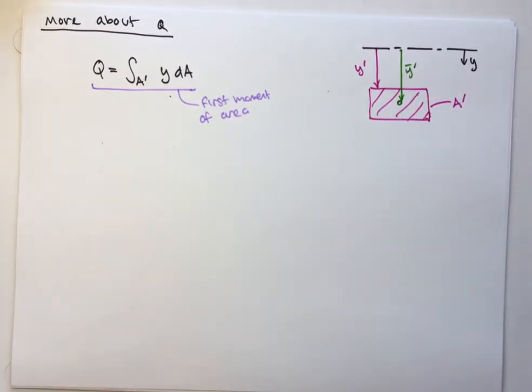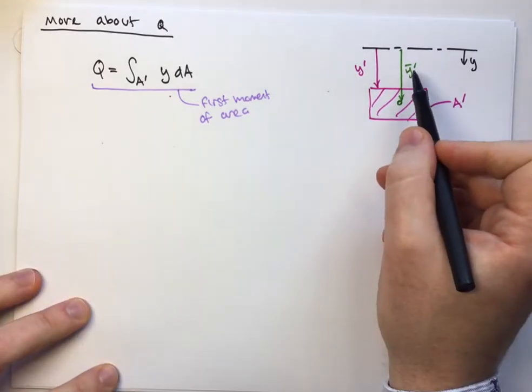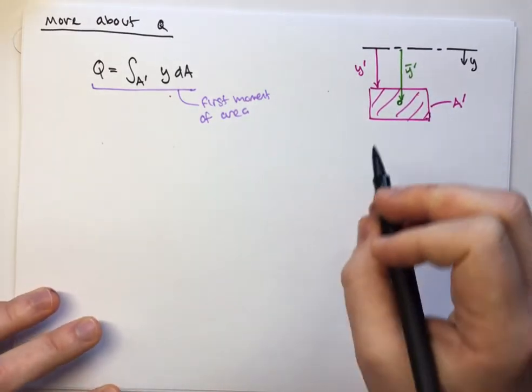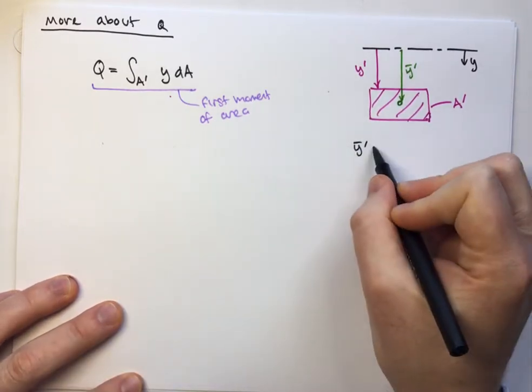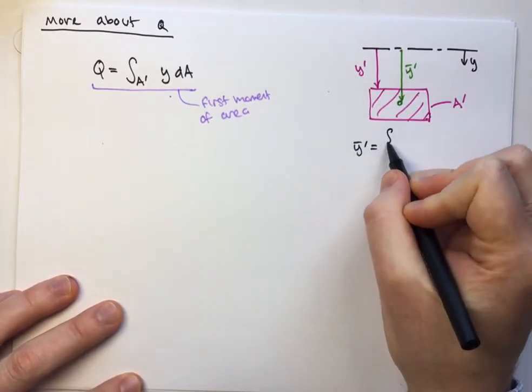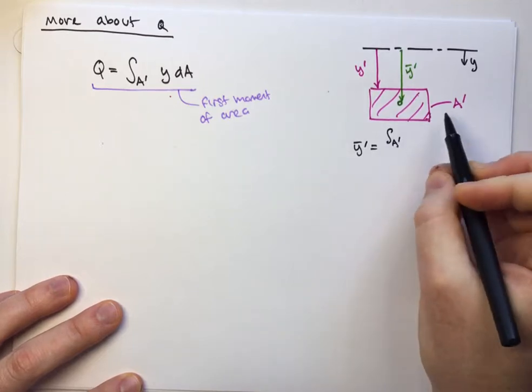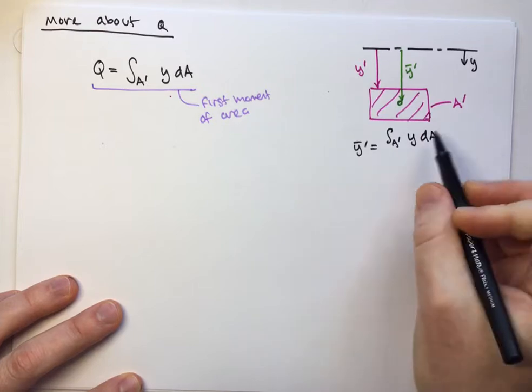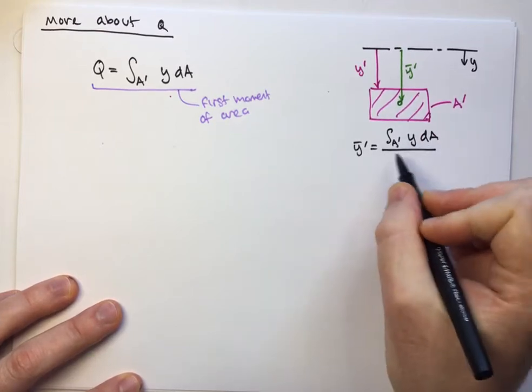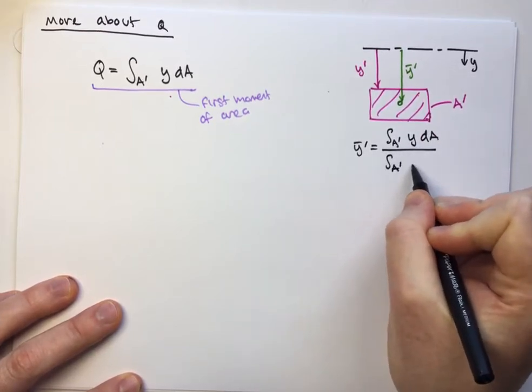And if we wanted to write an equation for how you'd find y bar prime, we would say that y bar prime is equal to the integral over the area, so that would be A prime, times y dA, and all of that would be over the total area, so A prime dA.